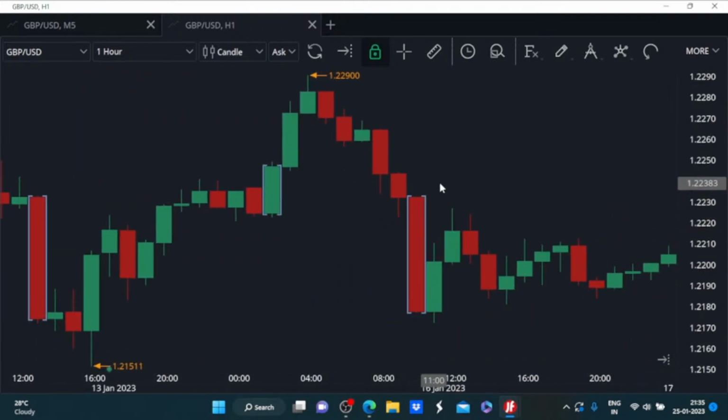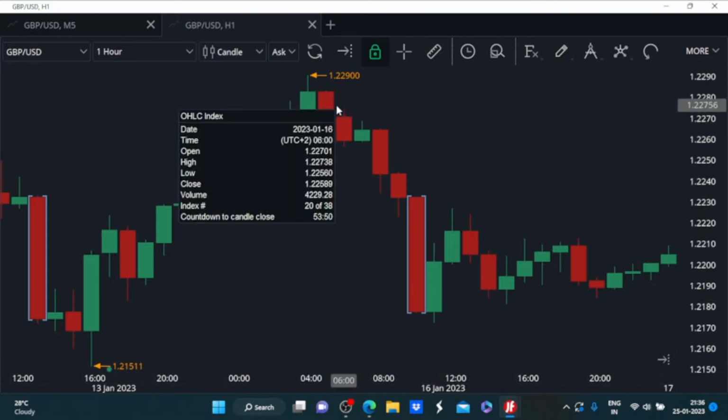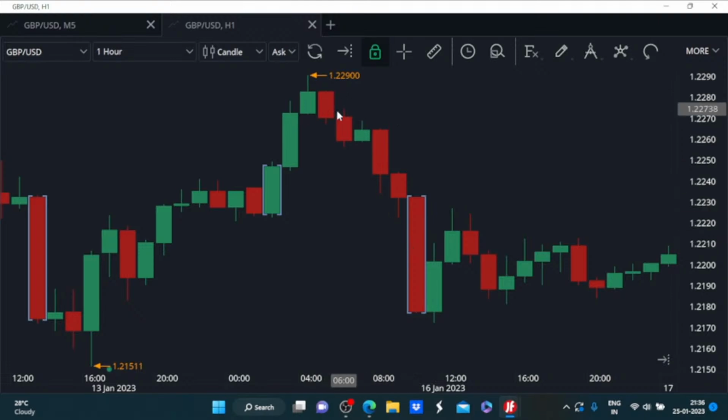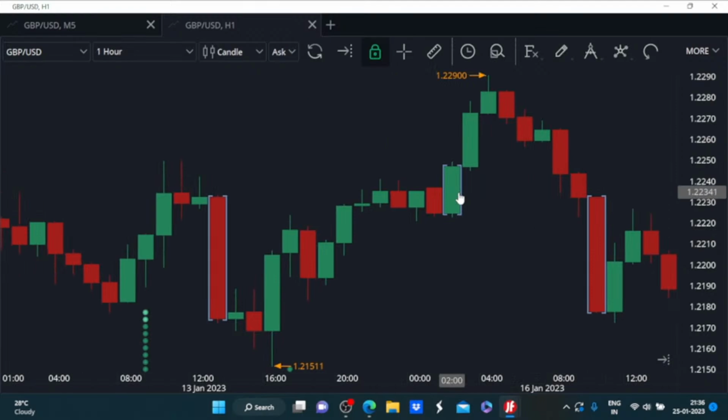In this case, the length of this candle is quite high. It is larger compared to the average volatility which has prevailed over the last couple of candles prior to this candle formation. The same thing applies here.